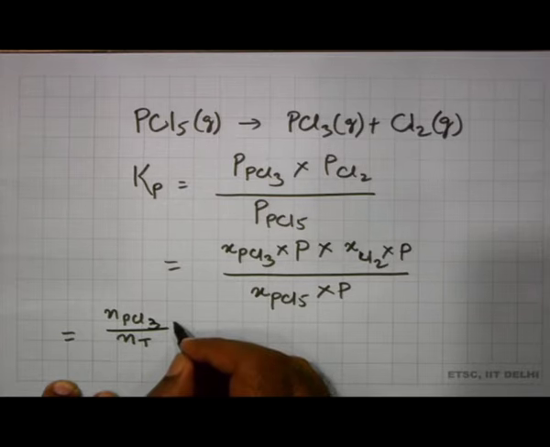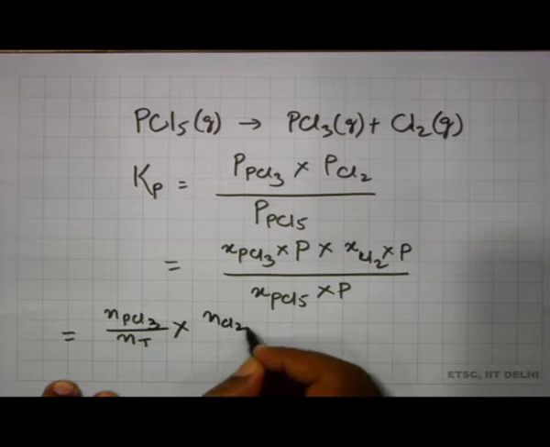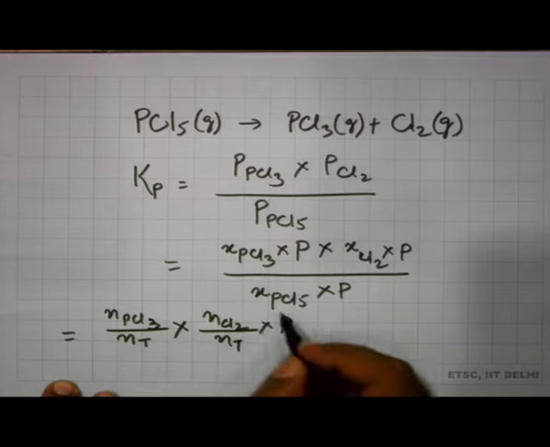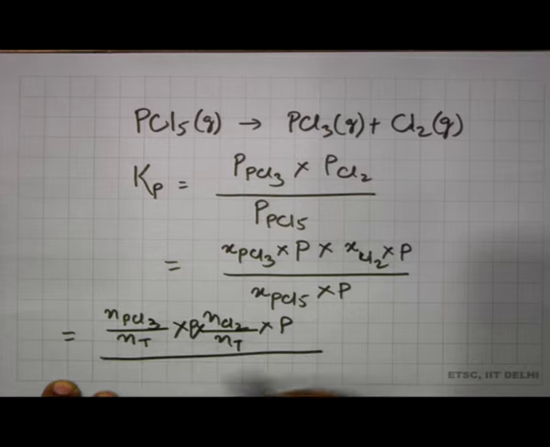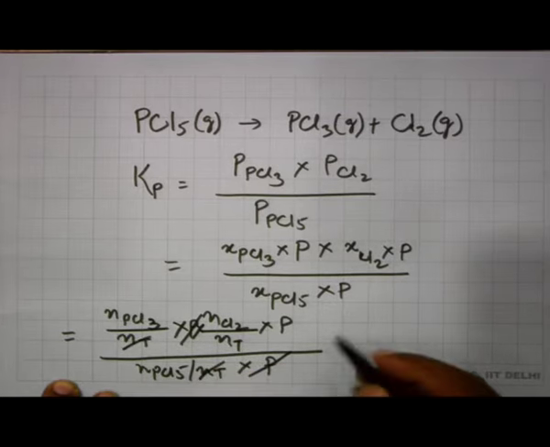So we have NPCl3 by Nt into P, multiplied by NCl2 by Nt into P, divided by NPCl5 by Nt into P. One P cancels out, one Nt cancels out.